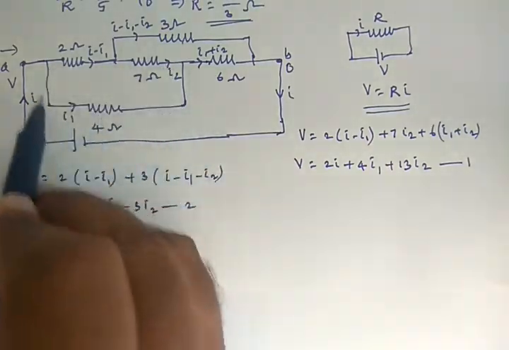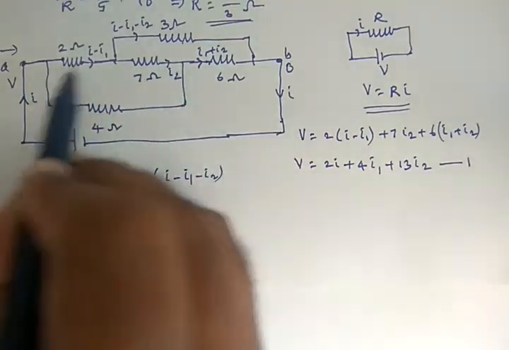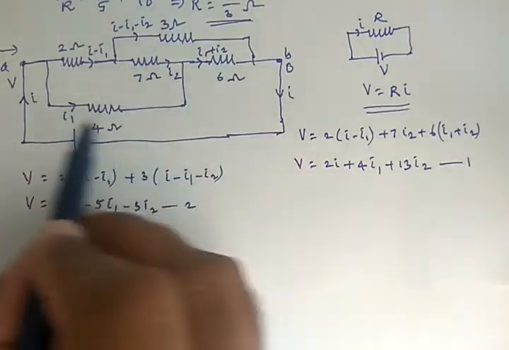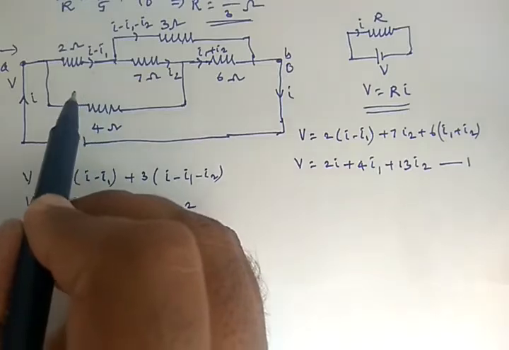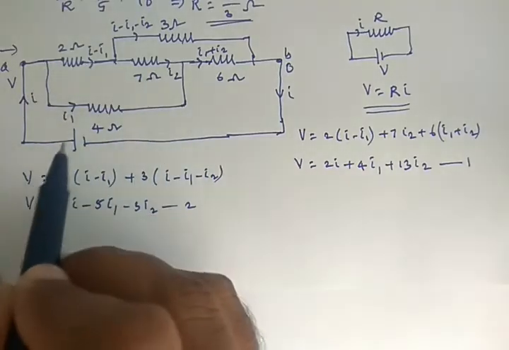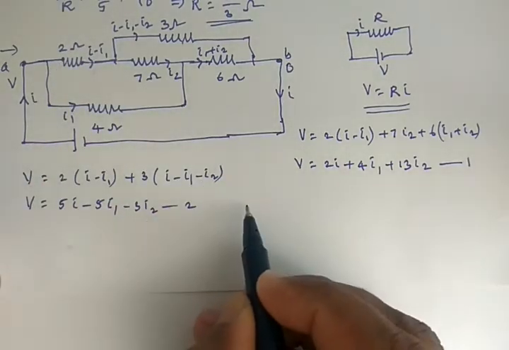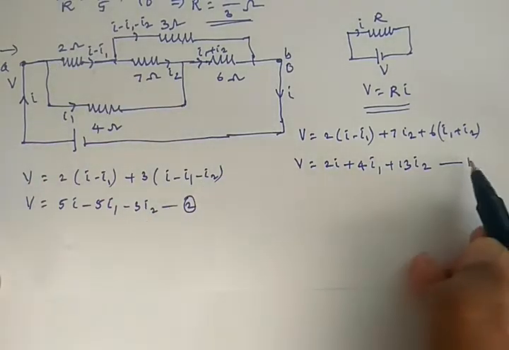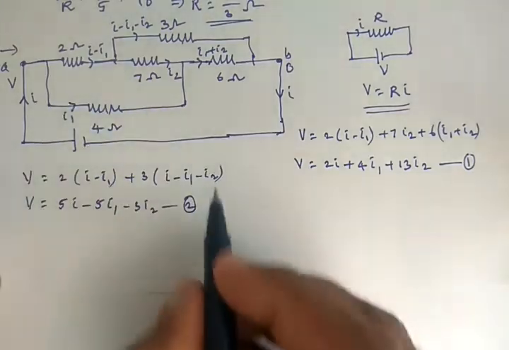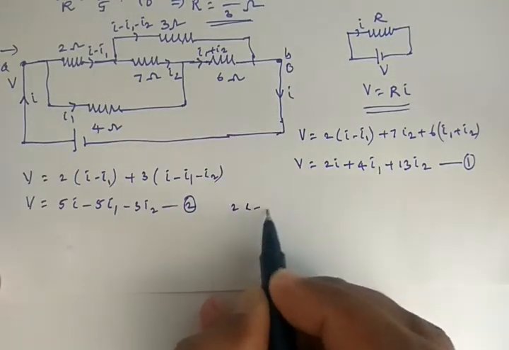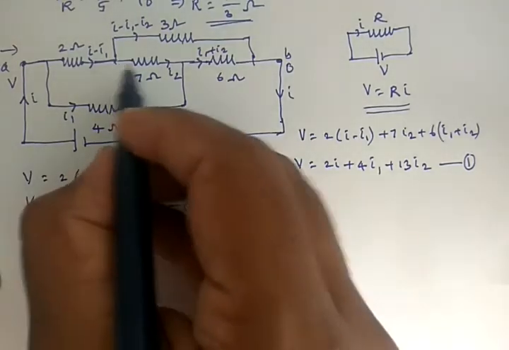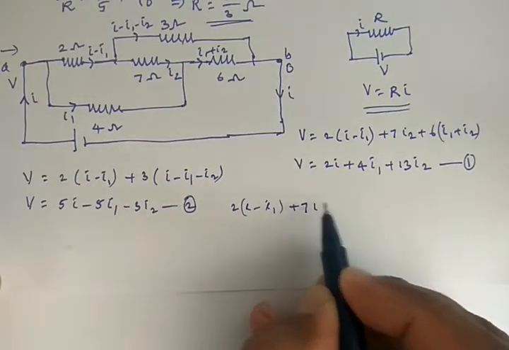If you take this loop, then this is a closed loop, so the sum of voltages across all elements in this loop is 0. Then the voltage across this one is I minus I1. Then the voltage across this one is 7I2.